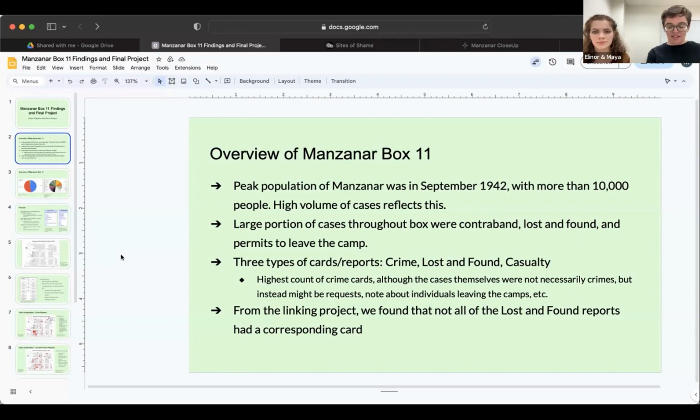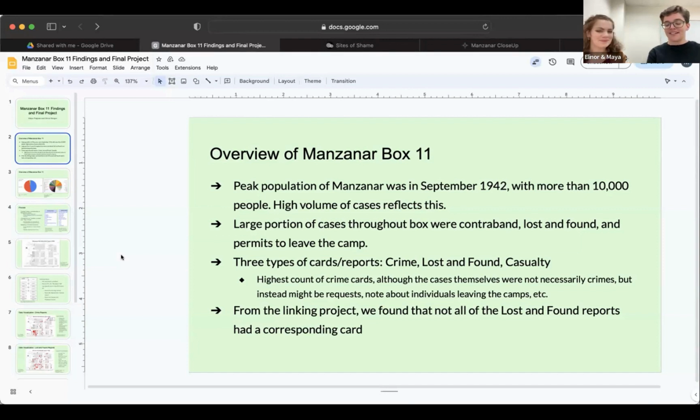However, when we also consider discussions we've had on the importance of terminology in regards to these camps, such as calling them concentration camps versus internment camps, we might consider how criminalizing language and standards might have been, if not deliberate, a means of control by the WRA and the US government. Terminology and how we describe things have power not only in the moment, but in the archive as well. So this might not have just been an oversight or laziness, but more deliberate action.